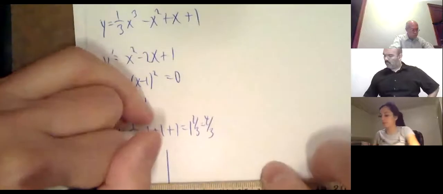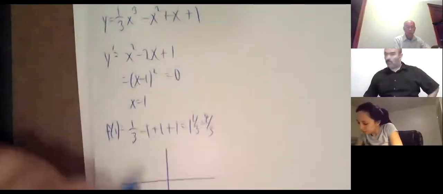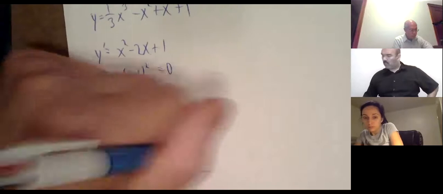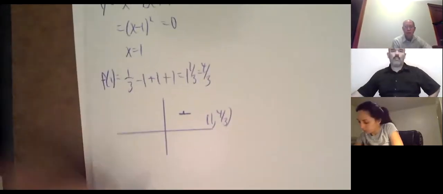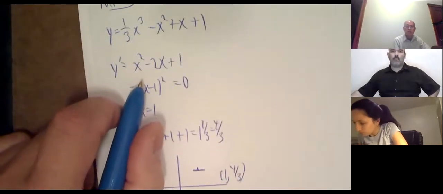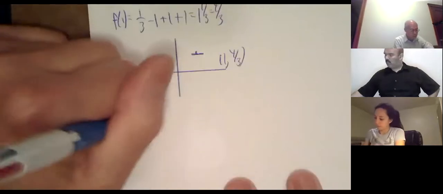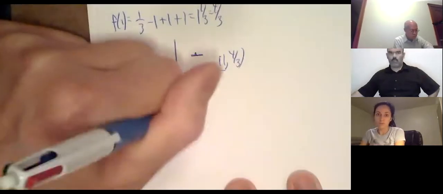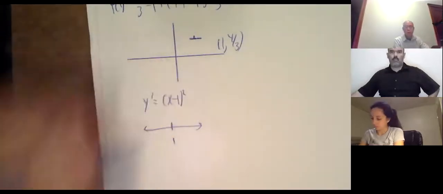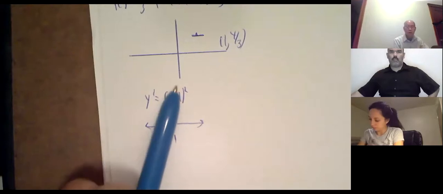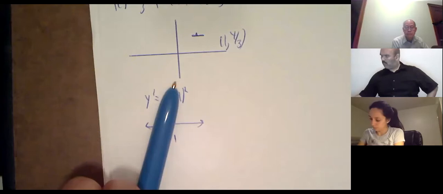So 1 comma 4/3, slope is 0. So is it a maximum or minimum or neither? So my sign chart, x minus 1 squared. This is going to be a very easy sign chart. Take a look at this. Blah, blah, blah squared. I don't have to plug anything in.